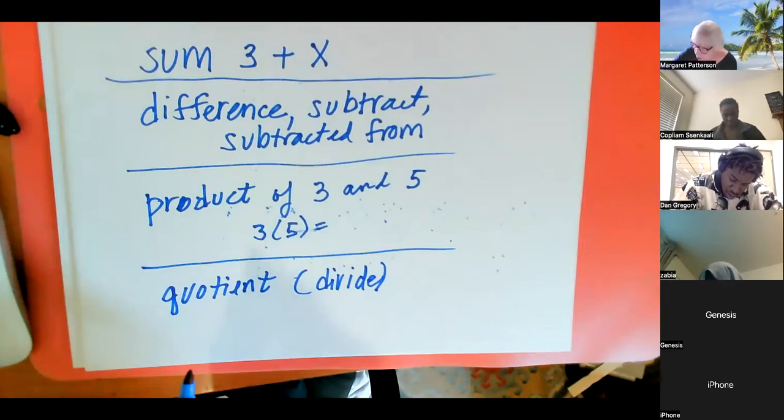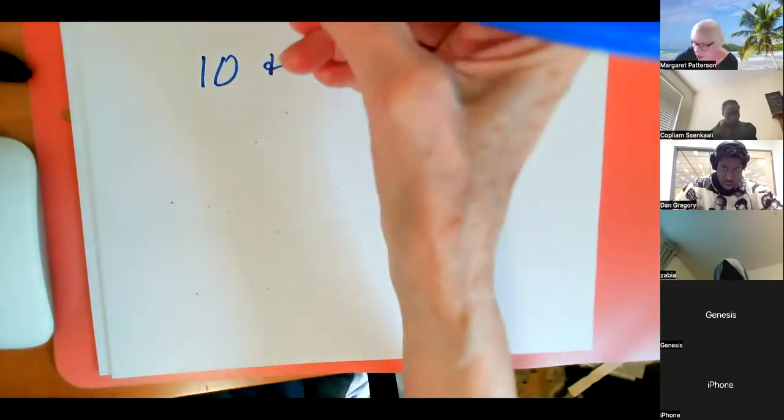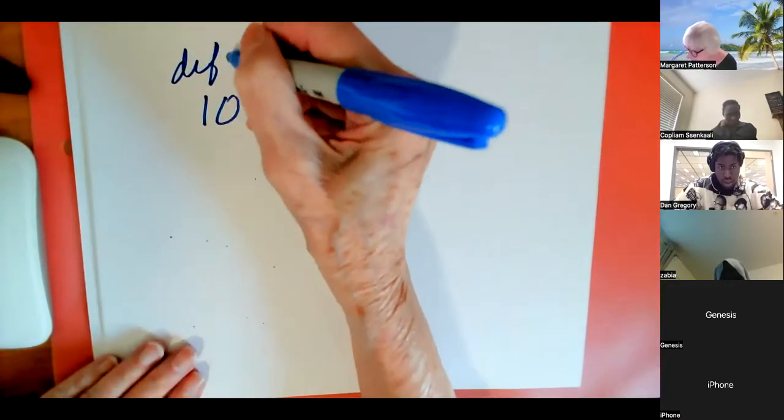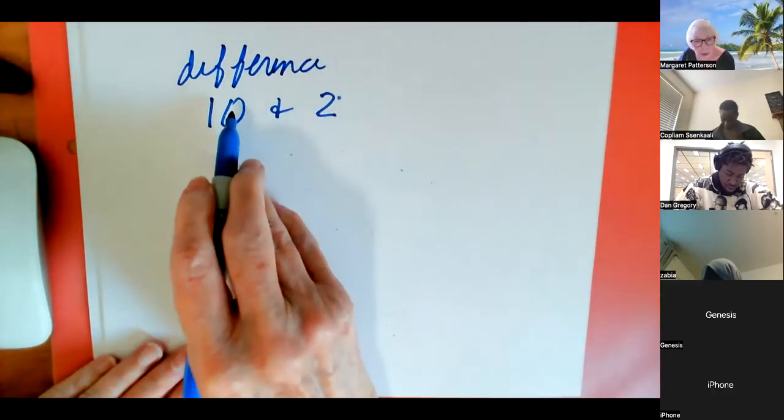So back to the one we're in, this is the section we're in, about subtracting. Find the difference of 10 and 2, okay? To find the difference of 10 and 2, you would literally subtract them. So the difference of 10 and 2 means you're going to go 10 minus 2.